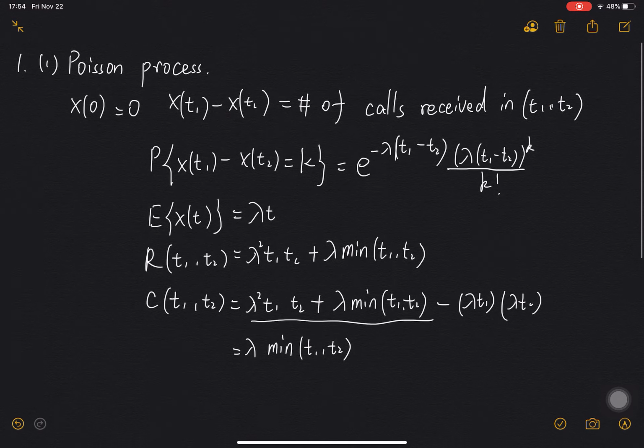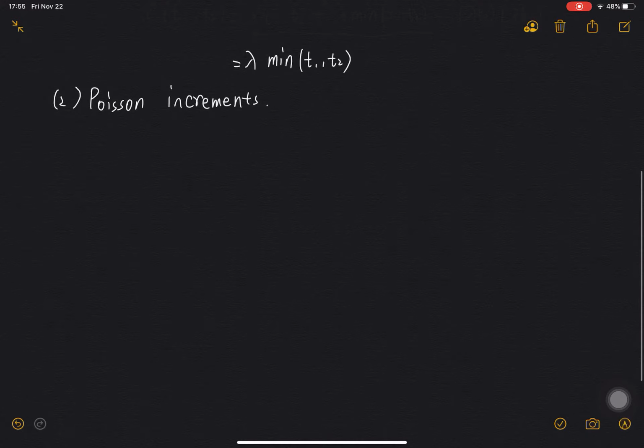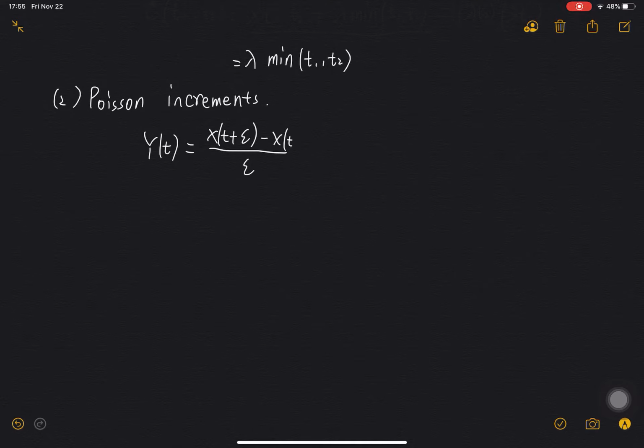Okay. The second thing we want to talk about is the Poisson increments. The definition of Poisson increments is that Y(t) equals X(t plus epsilon) minus X(t), divided by epsilon.